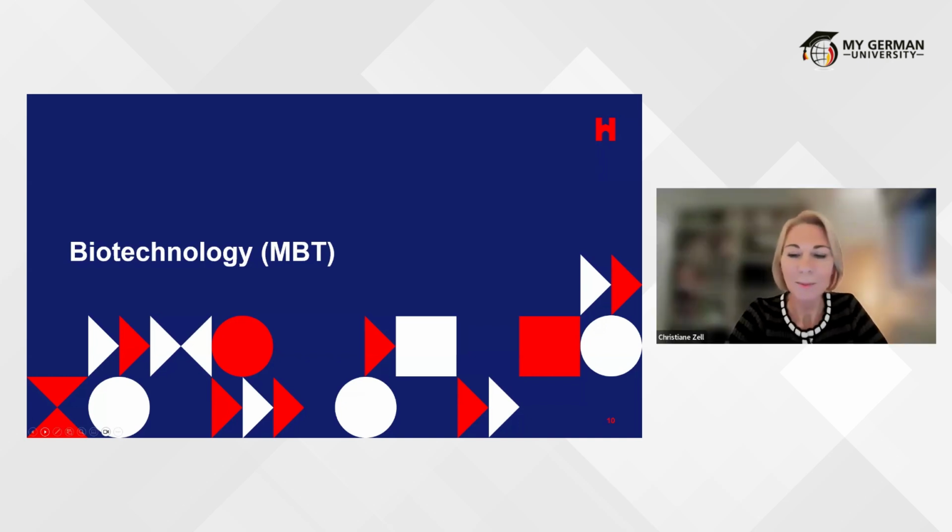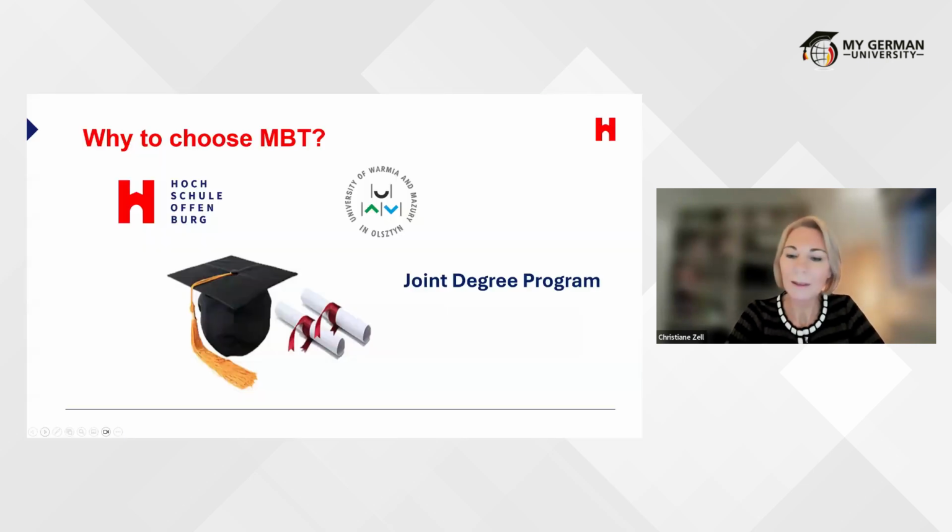Okay, thank you, Vera. It's up to me now as head of the program Biotechnology. Next slide, please. Let's directly dive into the program details. What is special about the master program Biotechnology at our university? The first thing to mention is that it is a dual location program. That means it's a joint degree program.